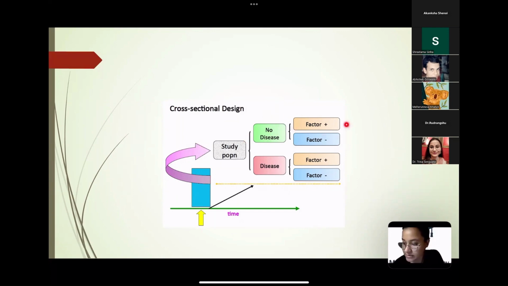As I told you, like the example of anemia among women of reproductive age, the WRA, the factors which are playing a role behind not developing or developing the disease. So we are running the analysis all at a single point of time.